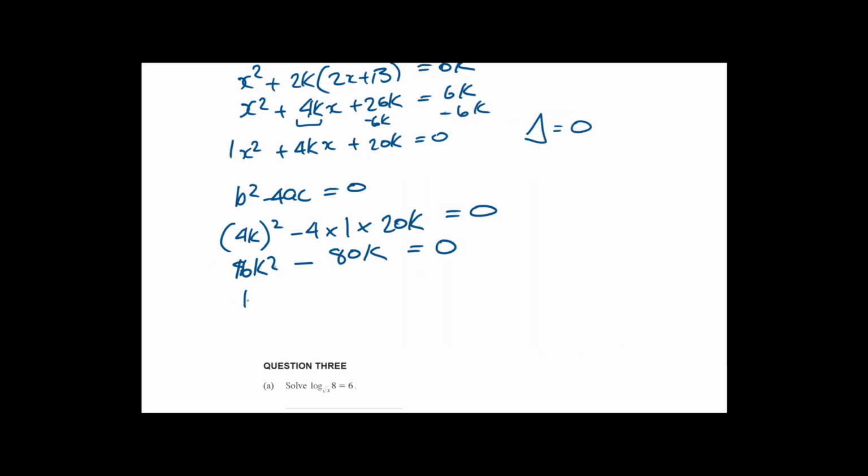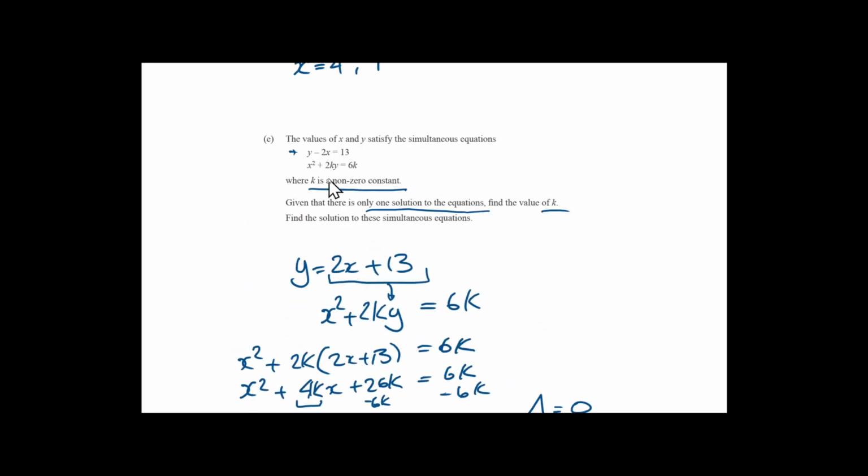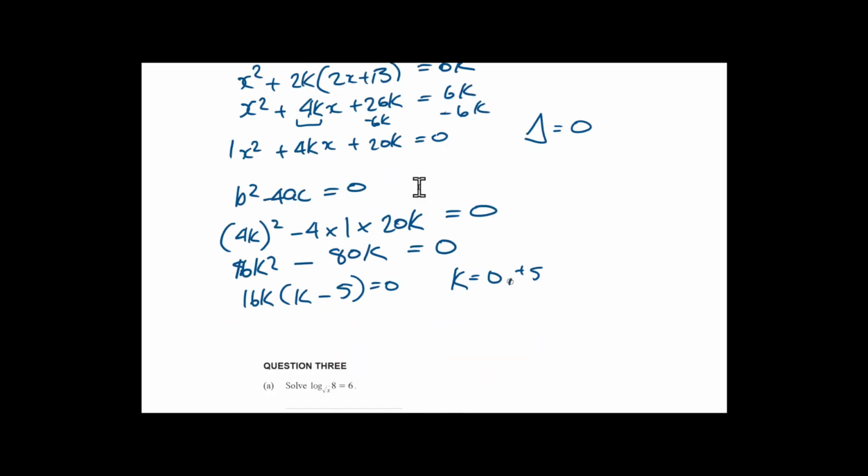So 16k, k minus 5 equals 0. So k must equal either 0 or positive 5. Now, are any of these not allowed? k is a non-zero constant, so 0 is not allowed. So therefore k must equal 5. And that's our final answer.